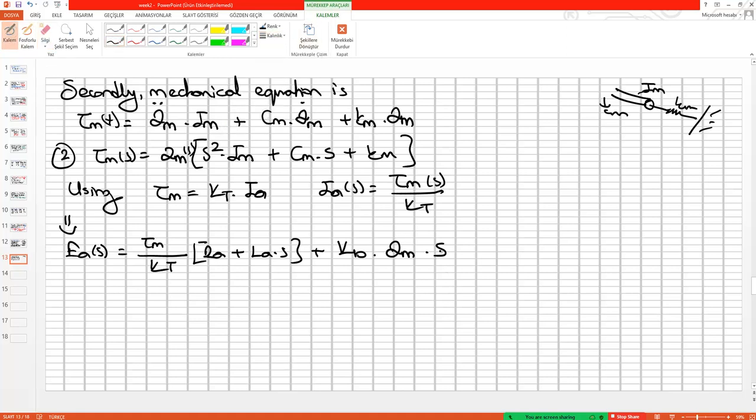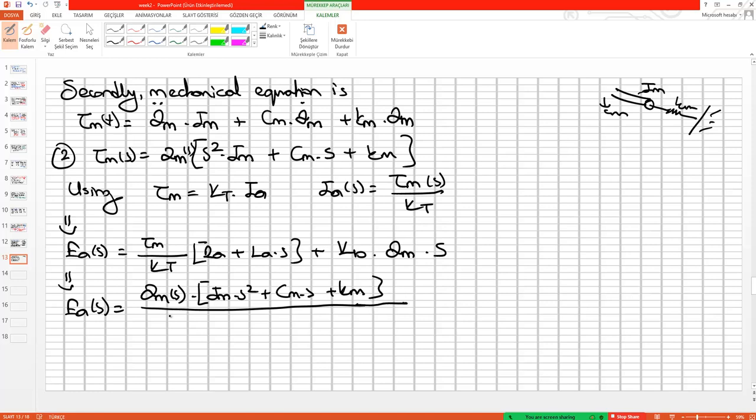In the s domain, okay? And so this is expanding into another form, Ea(s), right? And so we can write theta m(s) times (Jm s square plus Cm s plus Km), right? And after that we should divide by Kt, because the torque Tm(s) is equal to this term, right?